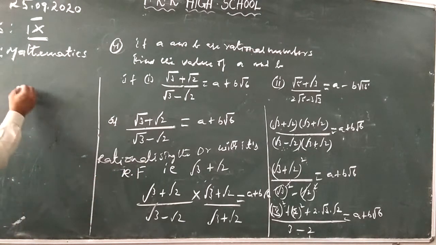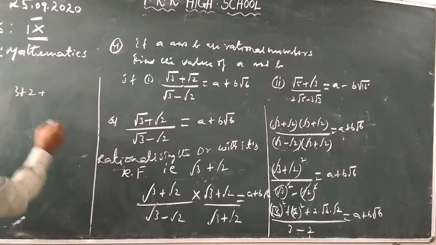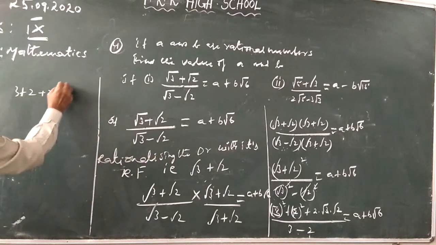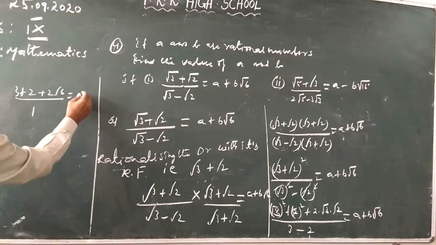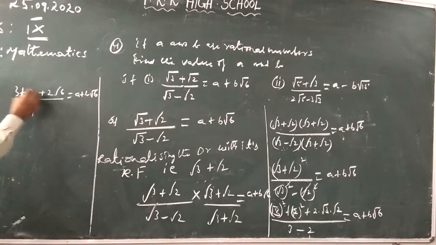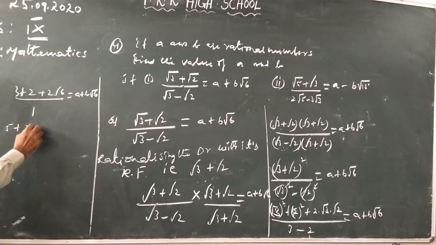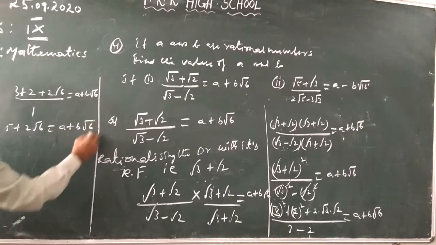Root 3 square means 3, root 2 square means 2, plus 2 into root 6 by 3 minus 2, 1. 3 plus 2 is 5, plus 2 root 6 is equal to A plus B root 6.